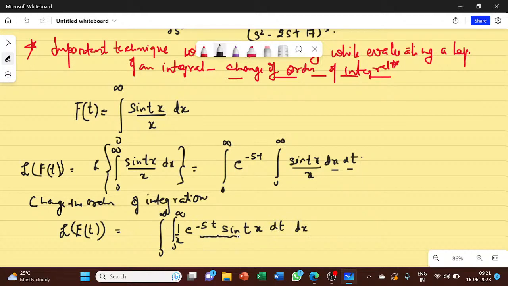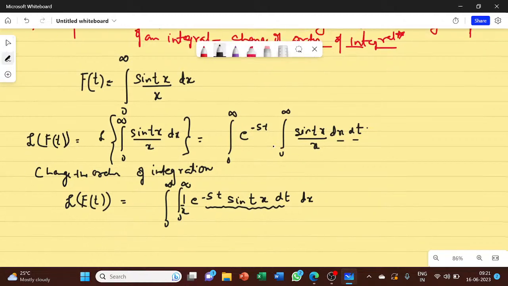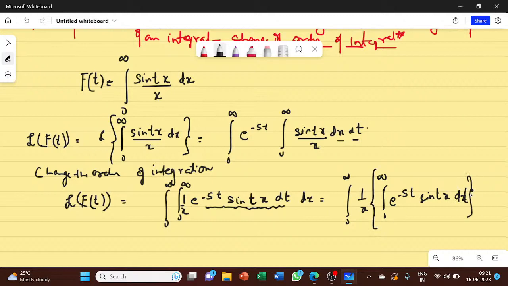So I integrate first with respect to t. What are the functions which depend upon t? These are the functions e to the power minus st into sin tx, and I will integrate them with respect to t. Then I will integrate with respect to x. In other words, I write a smaller bracket here: e to the power minus st, sin tx dt, and then I integrate with respect to x.